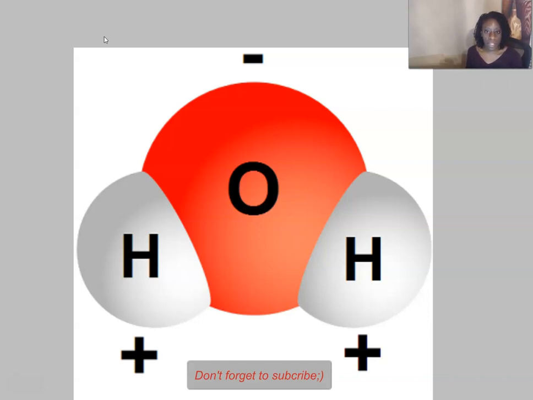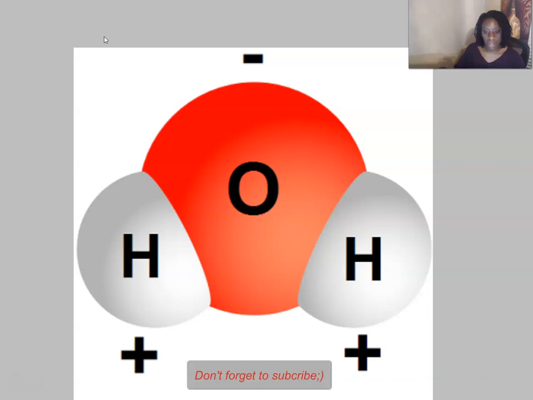But even though the charges cancel each other out, they still play a major role in the way that water behaves. The negative charge of this water molecule is gathered around that oxygen because the oxygen is holding the electrons within this molecule more tightly than the hydrogen atoms are. And the positive charge, as you can see, is centered around the 2 hydrogen atoms.